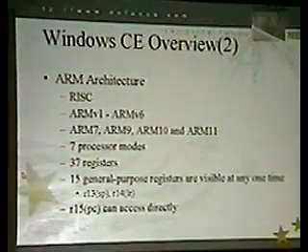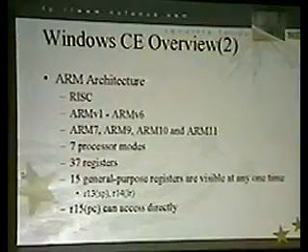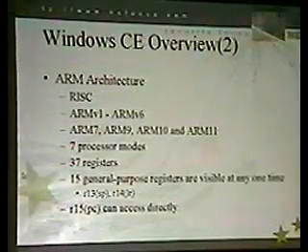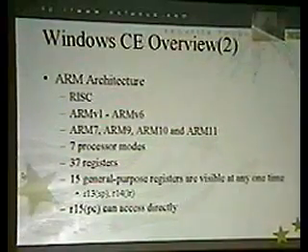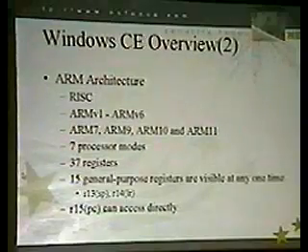In ARM architecture v3 and above, there are 30 general purpose registers, the program counter register, the current program status register, and the 5 saved program status registers. 15 general purpose registers are visible at any one time, depending on the processor mode.